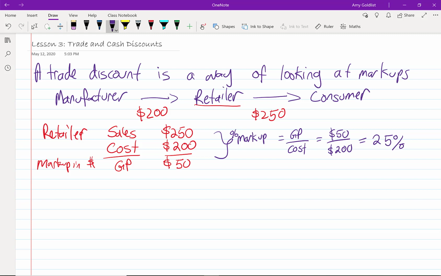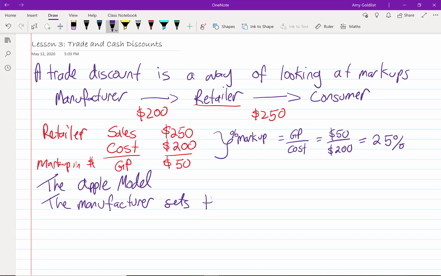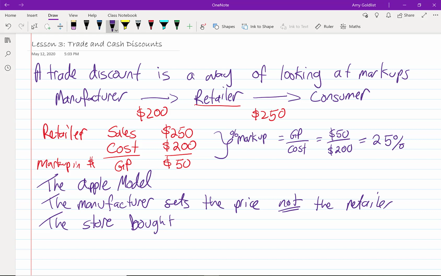We have another model. I'm going to call this the Apple model because it's the way that Apple sells their products. In this model, the manufacturer sets the price, not the retailer. Let's write that down. They set the price, not the retailer. The store then bought an item, let's say those AirPod earbuds or some sort of Apple product.